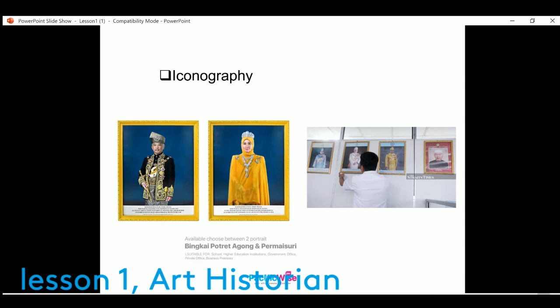So this is another one which I would also classify as iconography. If you go to a government office, you would find what they call a poster of our king, and the queen side by side, and then sometimes the minister and the wife next to it.